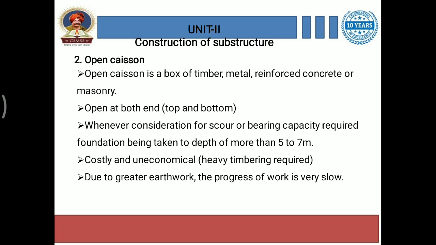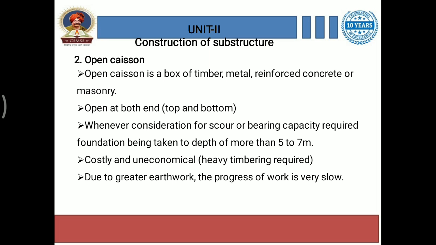Then second one is open caisson. These are open at both ends, top as well as bottom. Just compare with box caisson. Box caisson was open at top and closed at bottom, but these open caissons are open at both ends. As the name itself indicates, it is open.